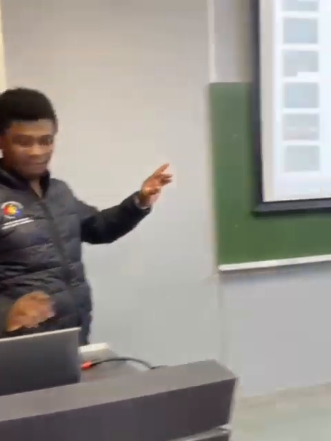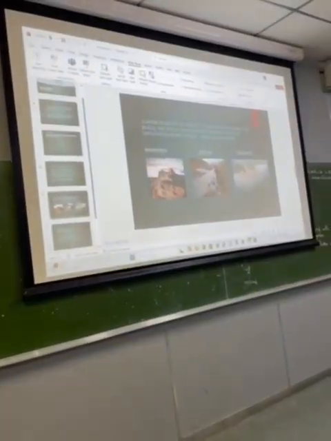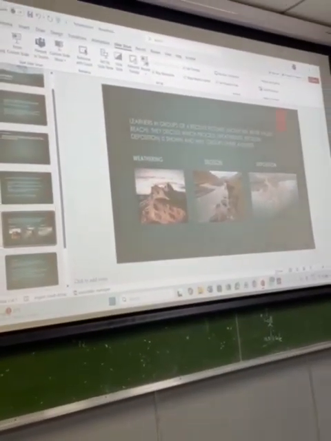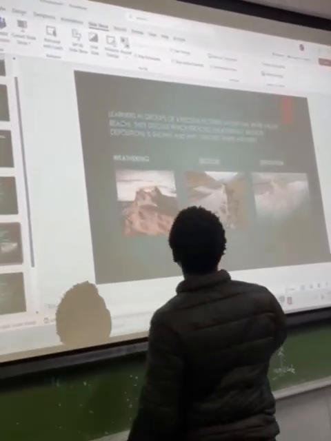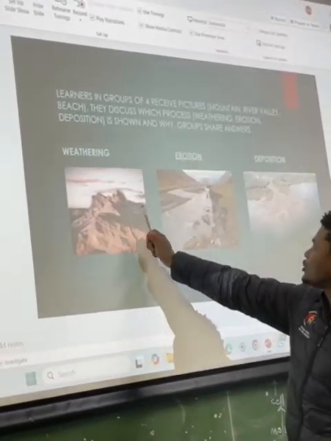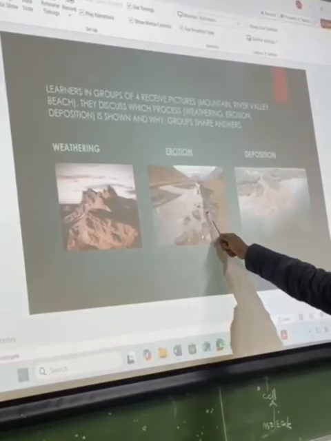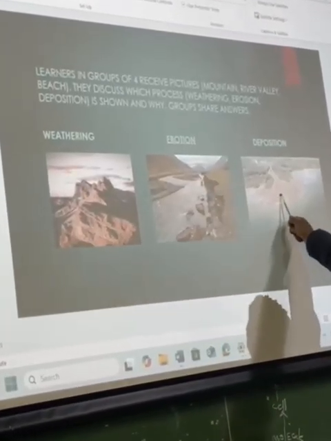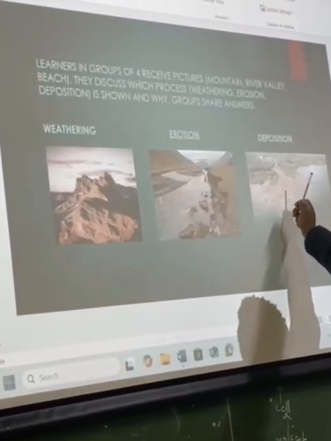Alright, so now class, what I will do is that I will give you pictures. As you can see, I have 3 pictures there. You must try to tell me which one is this one. Is this weathering, erosion, or deposition? This one, weathering, erosion, or deposition? This one, weathering, erosion, or deposition?